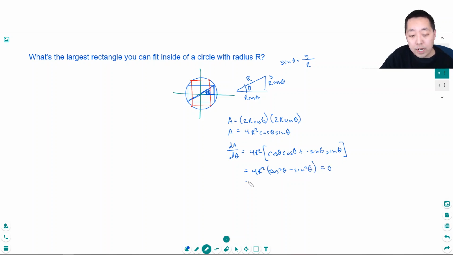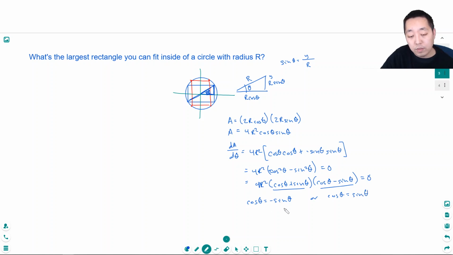This factors into 4r squared times cosine theta plus sine theta, and cosine theta minus sine theta. It's the difference of squares. So either this is 0 or this is 0. So either cosine theta equals negative sine theta, or cosine theta equals sine theta.